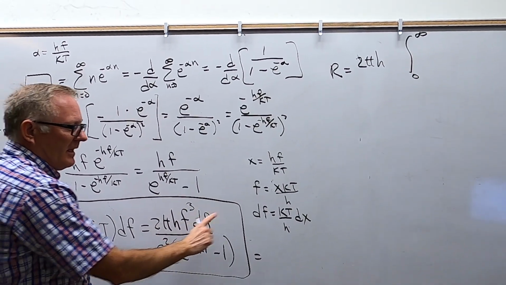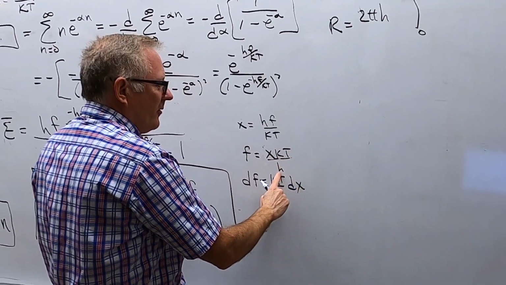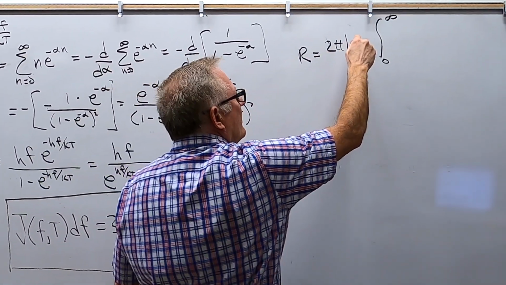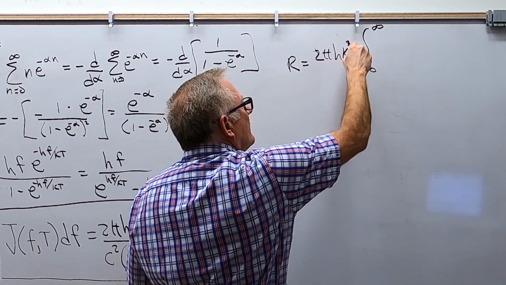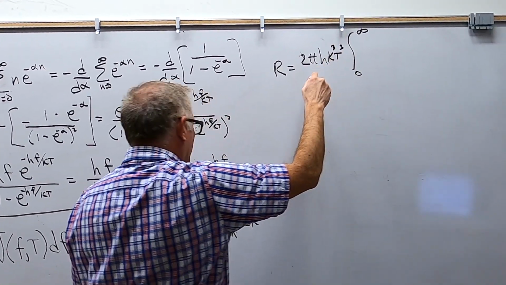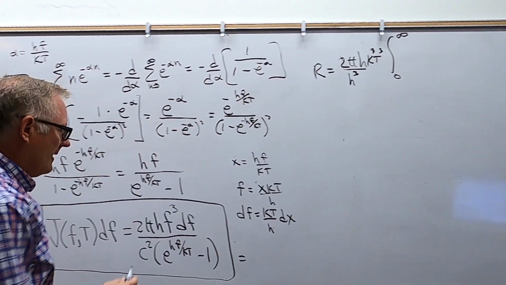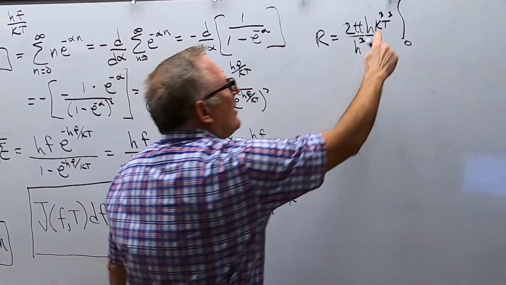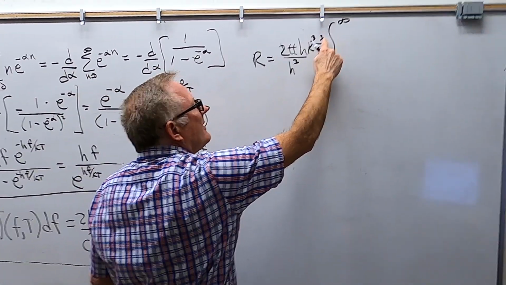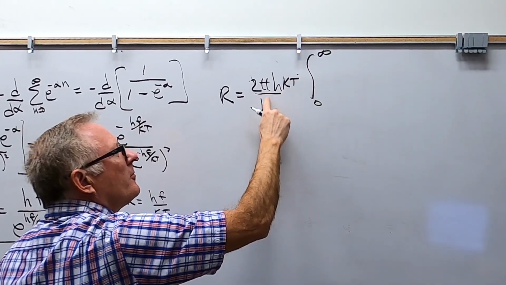F cubed is this cubed, so you've got k cubed t cubed over h cubed that can be brought out. Then I've got a df, which is another kT over h. So that's k to the fourth, t to the fourth over h to the fourth.